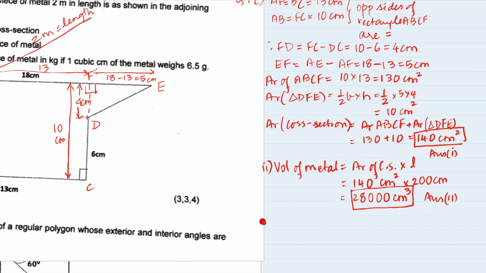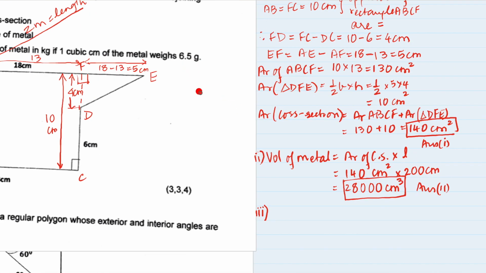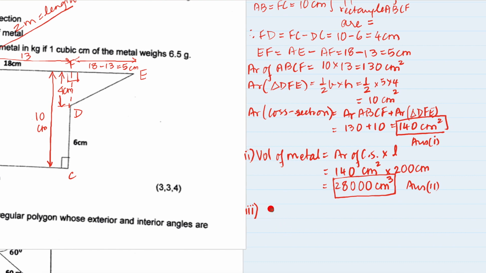Okay. Now the third part. Third part is find the weight of the metal if 1 cubic centimeter weighs 6.5 gram. So we will say 1 centimeter cube weighs 6.5 gram.